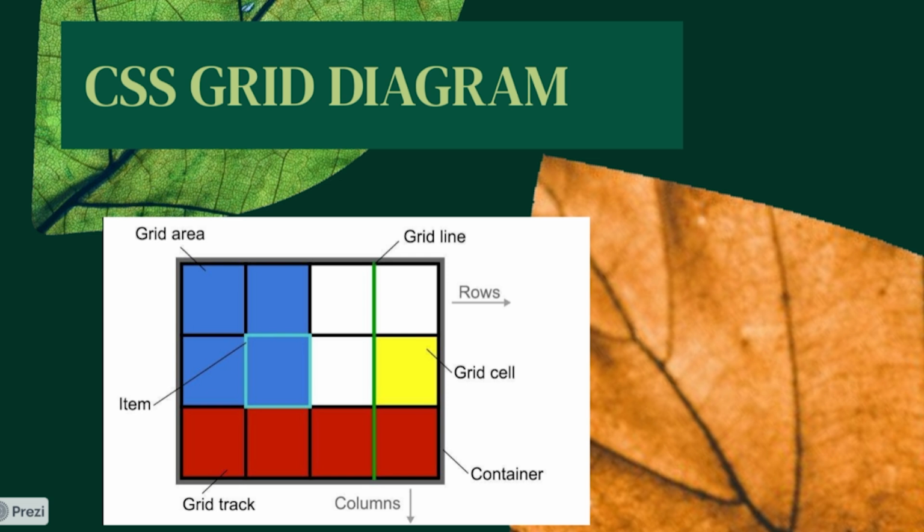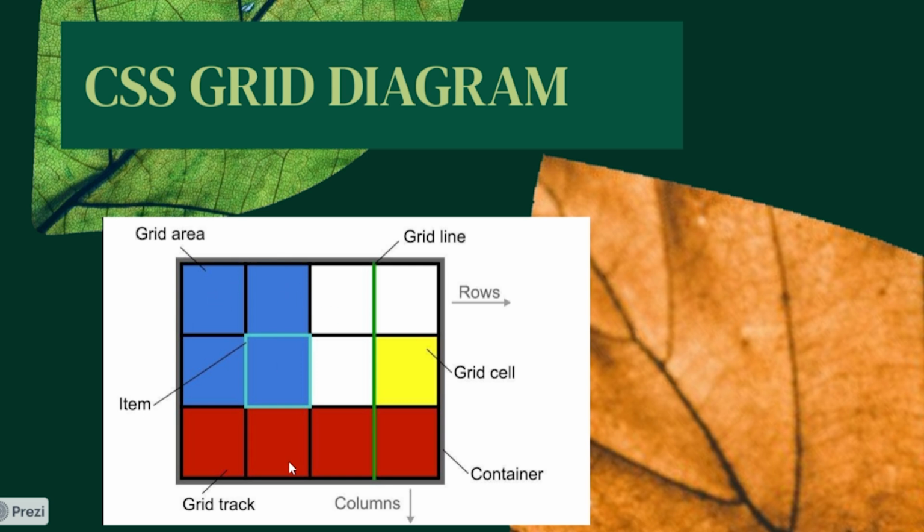Before moving further, let's first understand the basic parts of the CSS grid system. The outer box is called the grid container. This gray colored outer box is the container. Inside the container we have rows and columns.